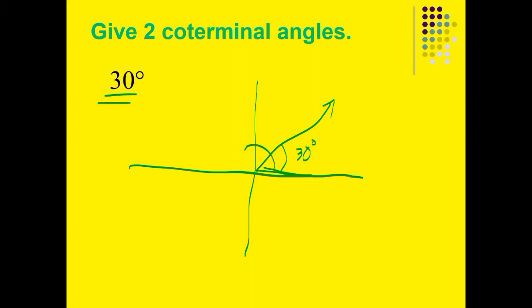If we're going to rotate further, one complete revolution, we have here 30 plus 360, so we come up now with 390 degrees, in the counterclockwise direction.